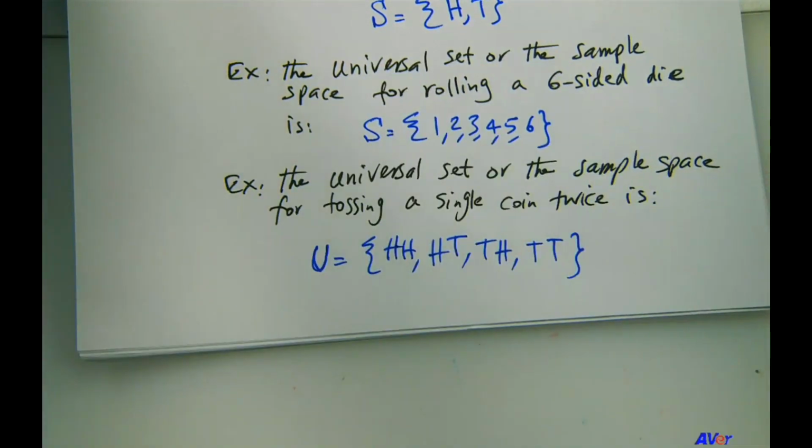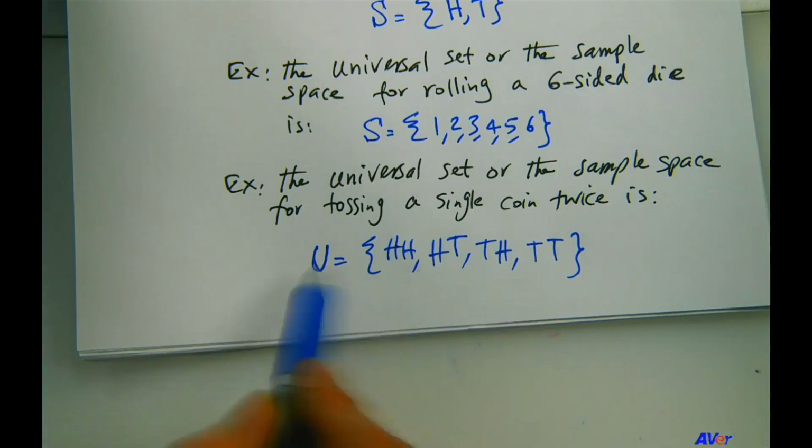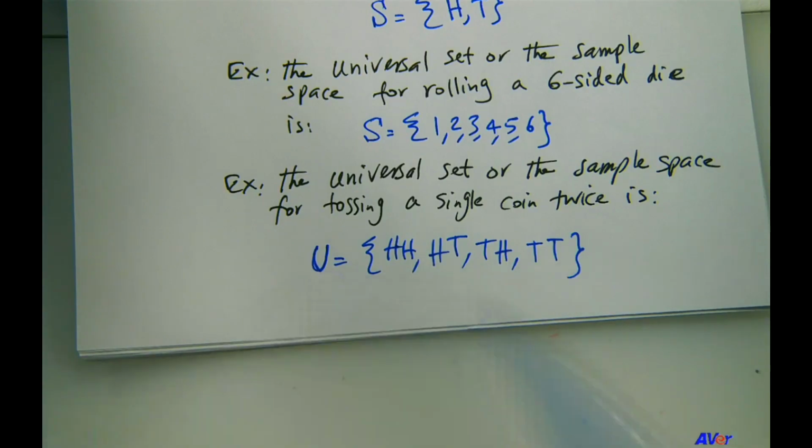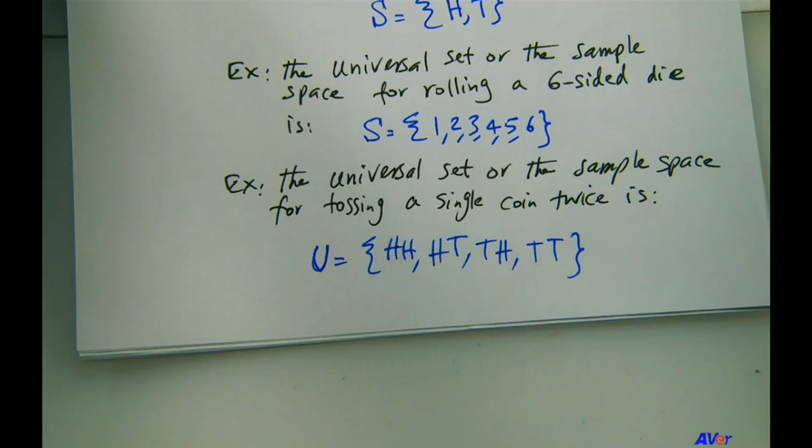That's all possible outcomes from tossing a single coin twice. If you toss a single coin twice, you're not going to have an outcome that is not part of this set. Therefore, this is the sample space or the universal set. It contains all possible outcomes from a single random experiment.